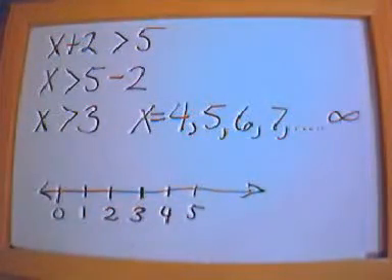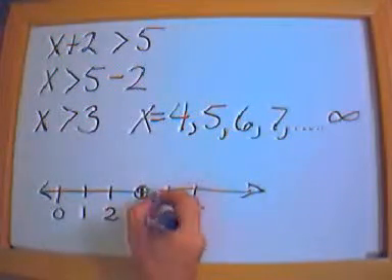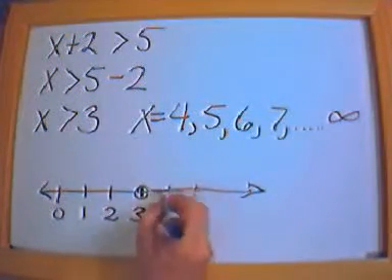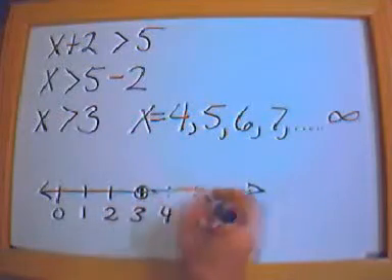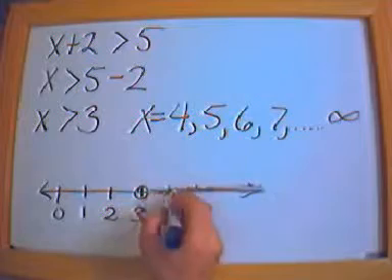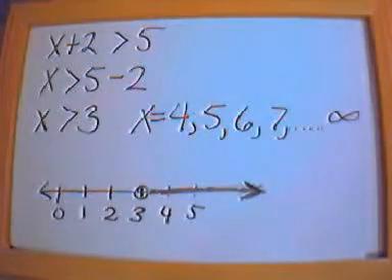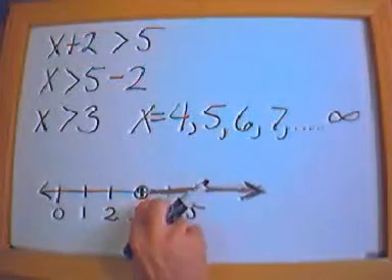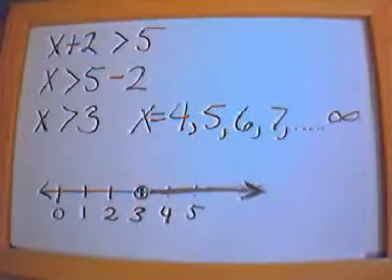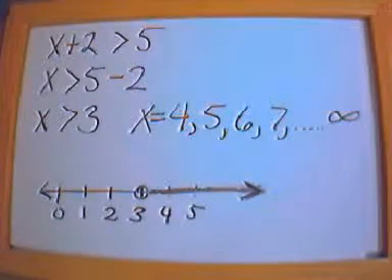Well, if x is greater than 3, I'm going to put an open circle here because we are not including 3, and so x is greater than 3 is simply going to be all the values out here off to positive infinity. So from 3 on, greater than. That's how you graph that. Now in numbers it's 4, 5, 6, 7, 8, etc. But that's how you graph it.